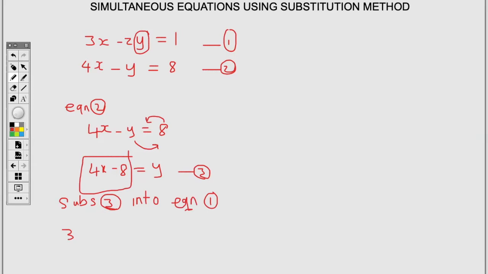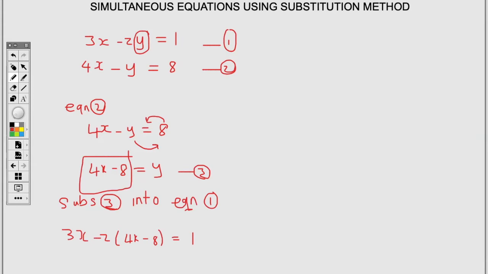So what I'll have here is 3x minus 2, replacing the y, so we have 4x minus 8. Then close the bracket, equal 1.